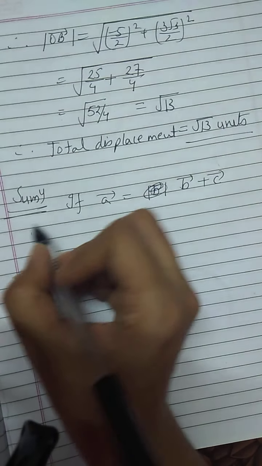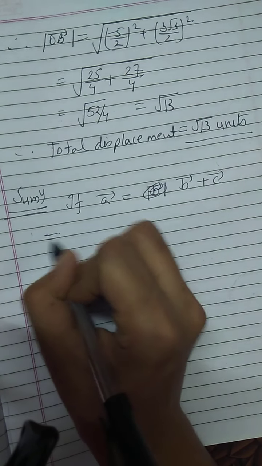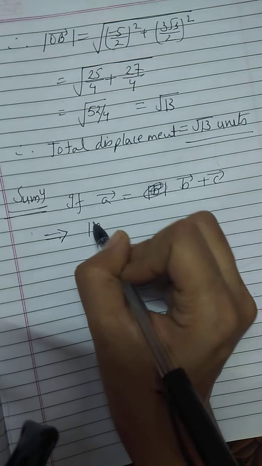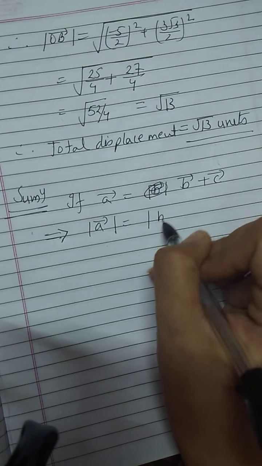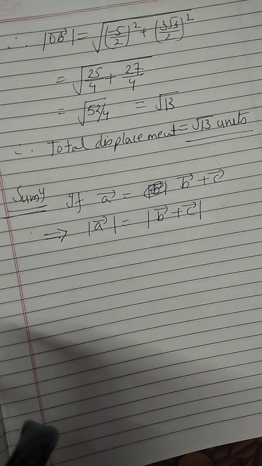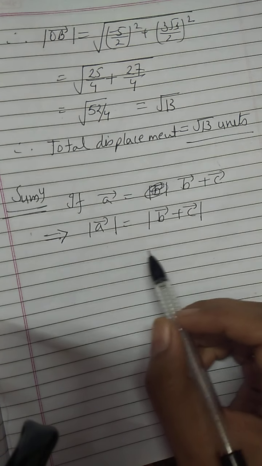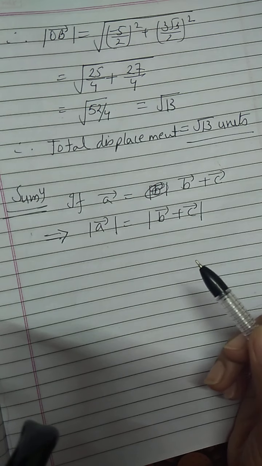So we will take the modulus on both sides. It implies the modulus of vector A is equal to the whole modulus of vector B plus vector C. Now we just have to check whether it comes out true or not.